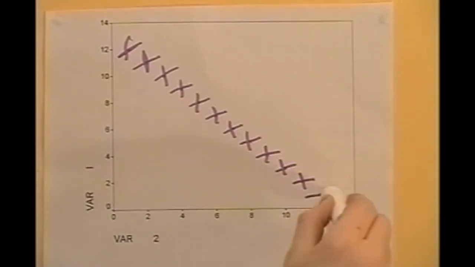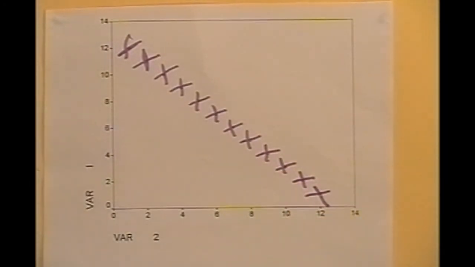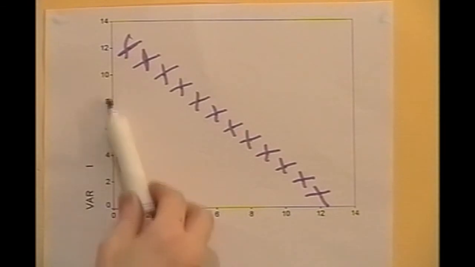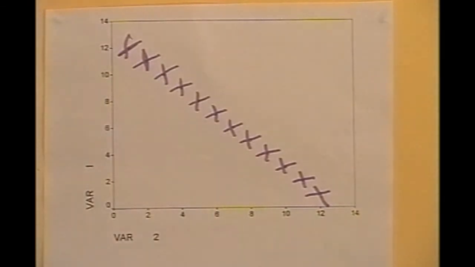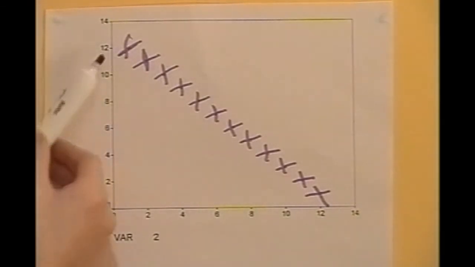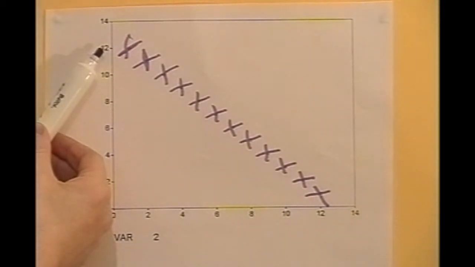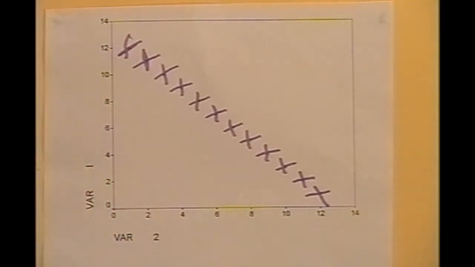Now in this case, the scale is the same as it was on the last graphic: 2, 4, 6, 8, 10, 12, 14 on both axes. But now, when the values for variable 1 are high, the values for variable 2 are low.